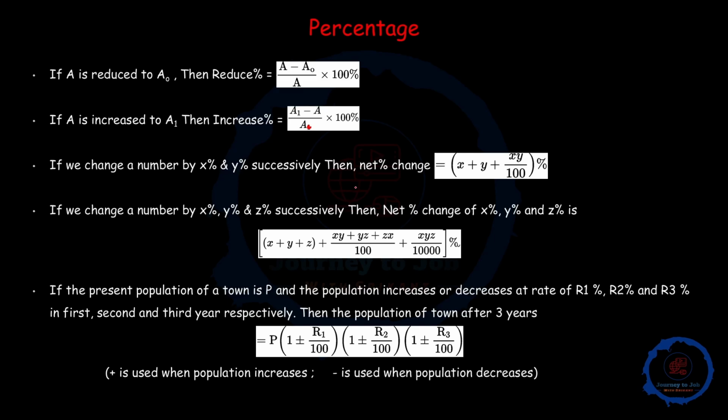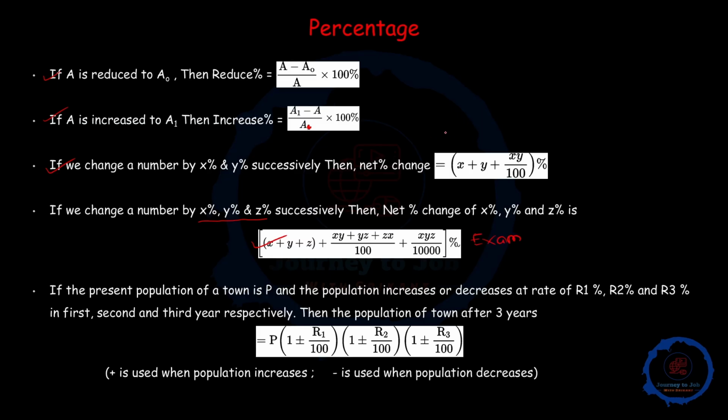And these are a few formulas related to the percentage topic, and these formulas I have explained already. And for the successive percentage increase formula, I will explain when it is required while explaining the problems. And this is also successive increment by 3 values x, y, z, and you have to learn this formula by heart from the exam point of view.